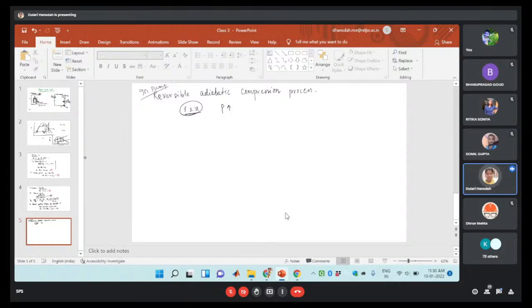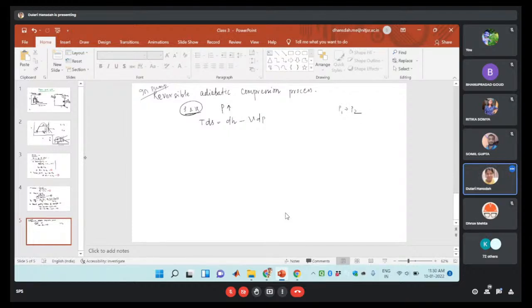So for the reversible adiabatic compression process, we will use the property relation TdS equals dH minus VdP. Here it is the pressure change, from pressure P1 to pressure P2.